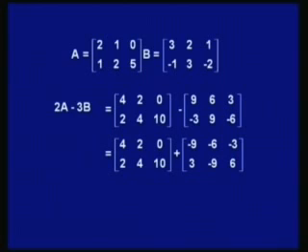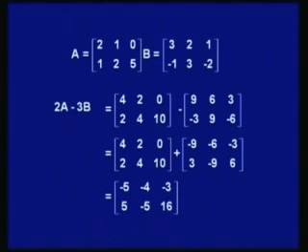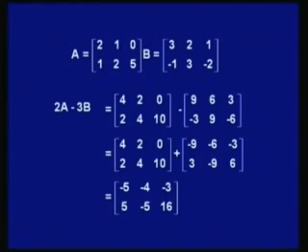Now these two matrices are of the same order, they can be added to give the result as minus 5, minus 4, minus 3, 2 plus 3 is 5, 4 minus 9 is minus 5, 10 plus 6 is 16. So we can perform operations of this type on matrices also. So we started with simple addition, then I introduced scalar multiplication, and then I can perform operations of this type on matrices. So this is a compact form of operations which can be easily performed on matrices.